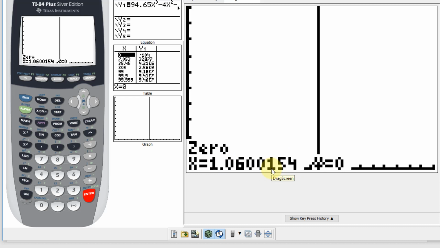Actually, this is perhaps a little bit more accurate than the value that I was getting from Desmos. It's also possible that there's a little bit of error in the calculation as the calculator does it. So anyway, we're going to round off to maybe 2 places. So let's say 1.06, clearly the same answer I got from Desmos.